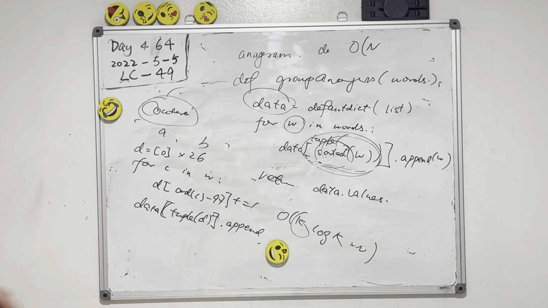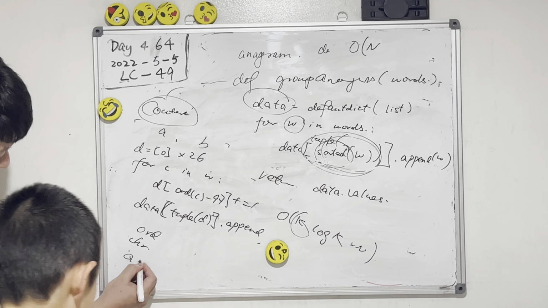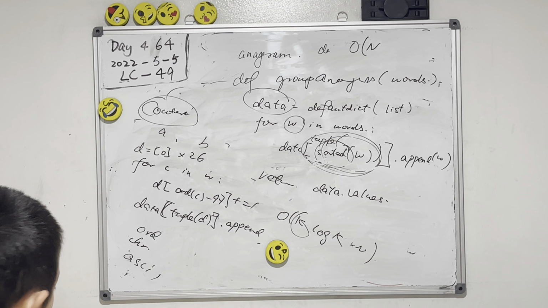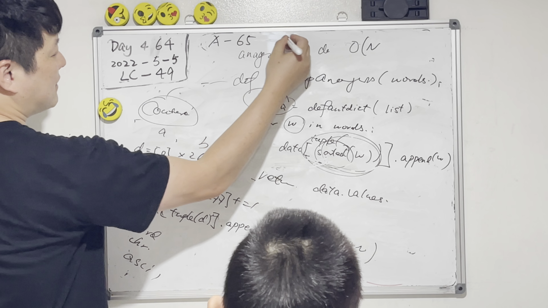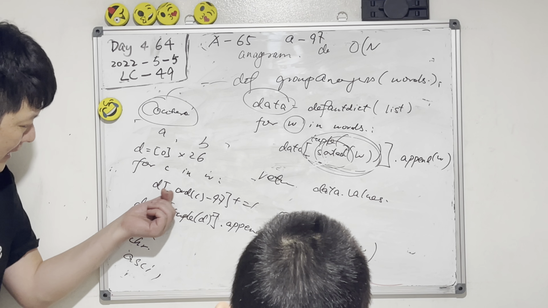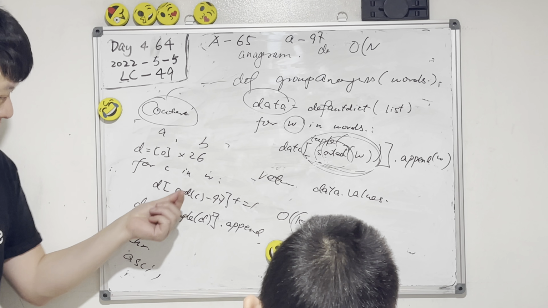What's ord? Do you still remember ord and chr? We talked about ASCII. What's the ASCII of uppercase A? 65. And lowercase a? 97. So ord converts a character to its ASCII code.